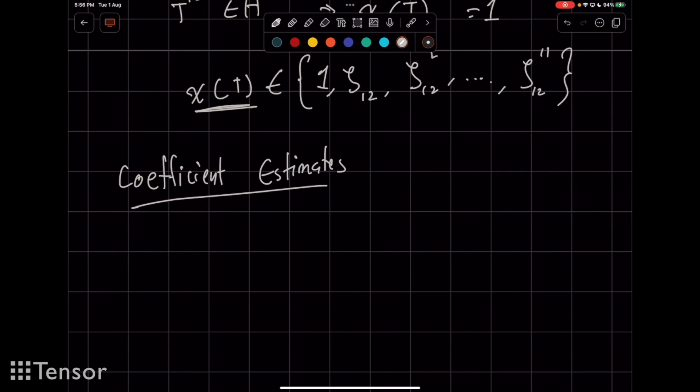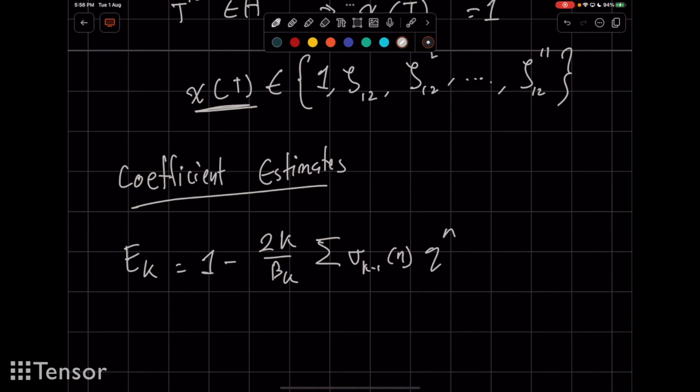So to begin with, let's start with our favorite modular forms. What are our favorite modular forms? The Eisenstein series, right? So what is the q expansion of E_k? It's 1 minus 2k over B_k times a sum, and this sum is q to the n sigma_{k-1}(n).